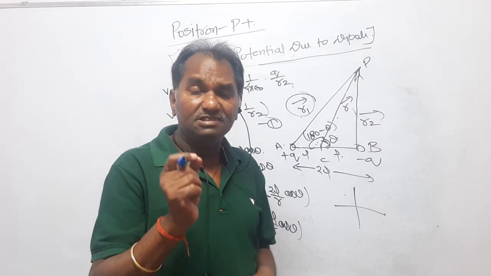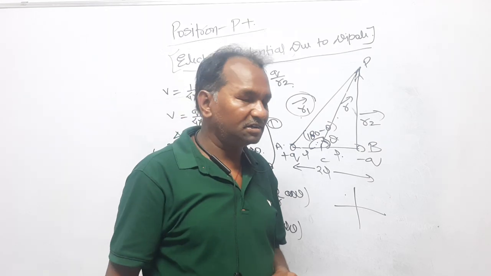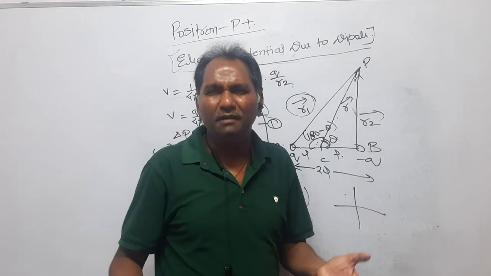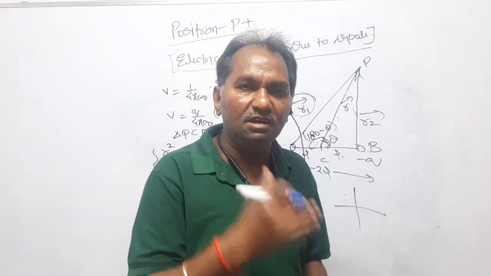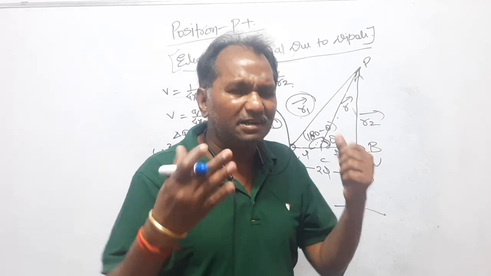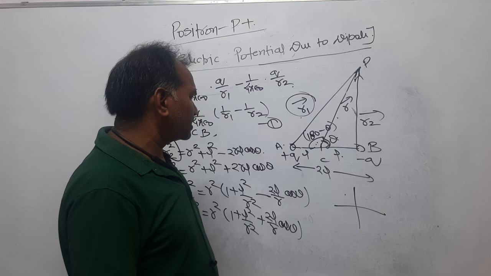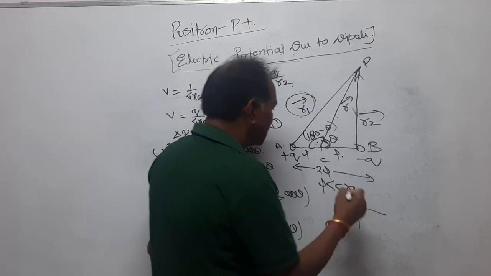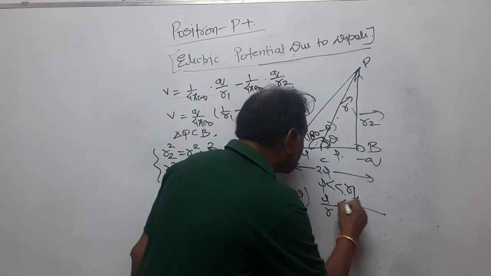Dear students, look here, L, whether it is 2L or L, doesn't matter. It is a distance in the range of angstrom, meaning 10 power minus 10 meter. And R is a point of your choice. Even measuring distances in millimeters is tough for you, so your point of choice will always be greater than 1 millimeter, right? So R is much greater than L, or L is less than R, and L upon R is less than 1.